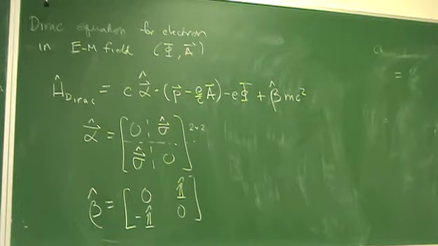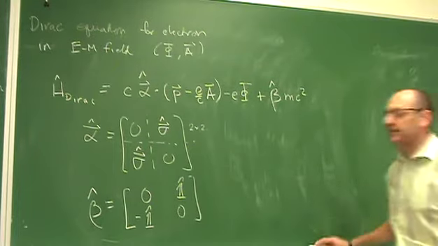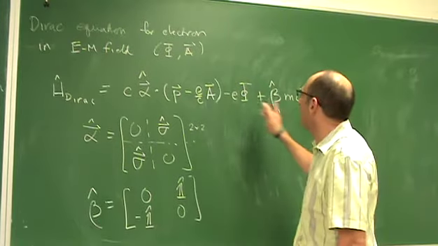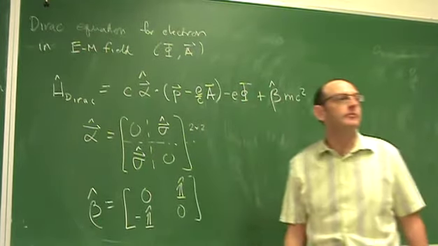And we'll get to that at the very end of lecture today or next time. So the Dirac equation in its first instantiation does not include the effects of the quantum electromagnetic vacuum. These are treated as classical fields.